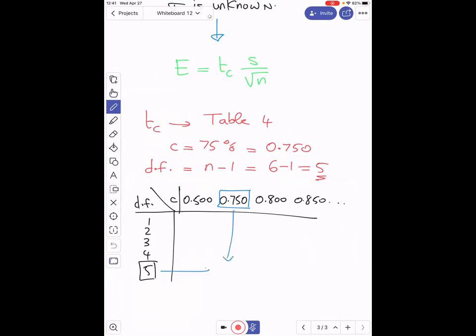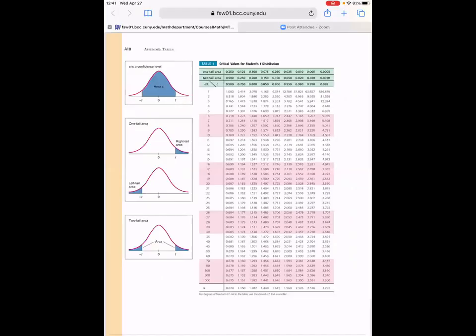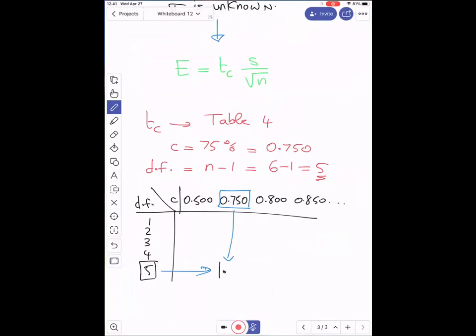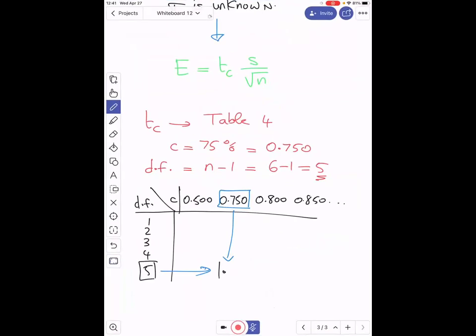So the answer is right here. The T subscript C is 1.301. So that's our T subscript C.